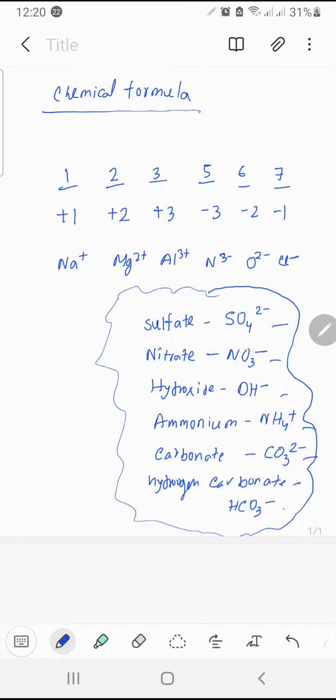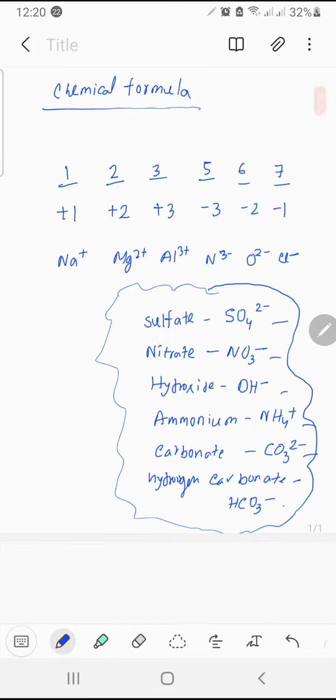And the other ions that are not found in the periodic table you need to memorize. Before starting the next video where we would practically find out the chemical formula, I need you to finish this and learn this by heart.